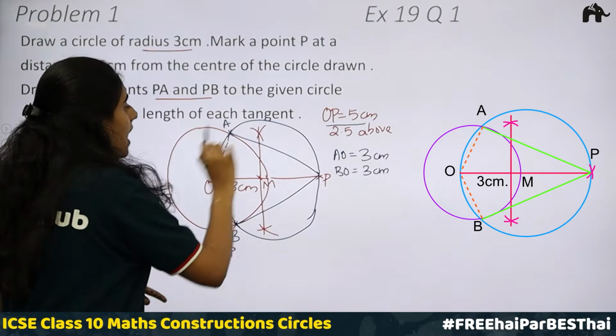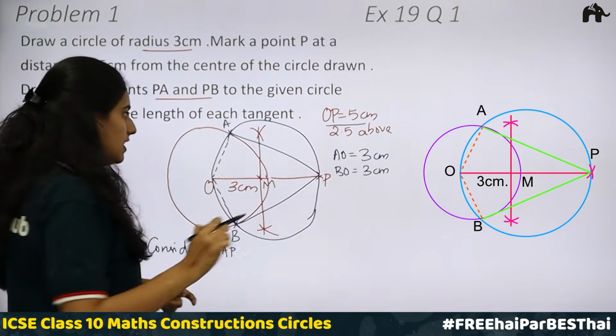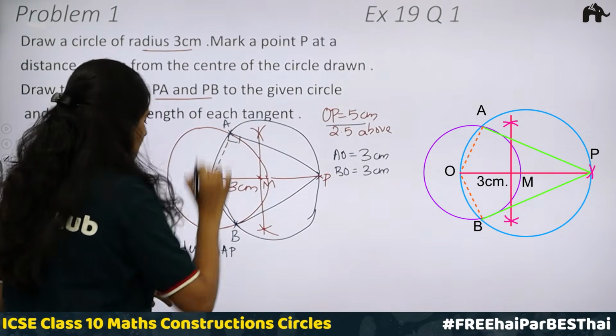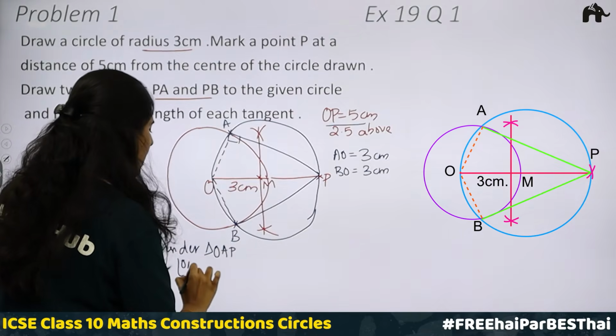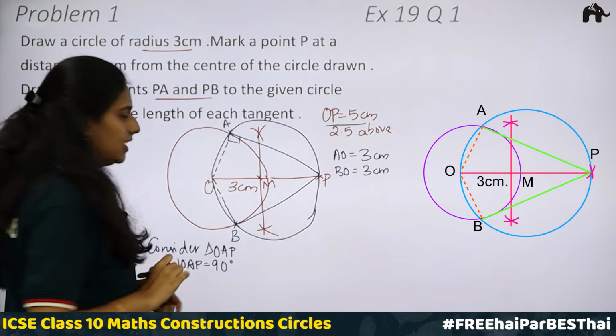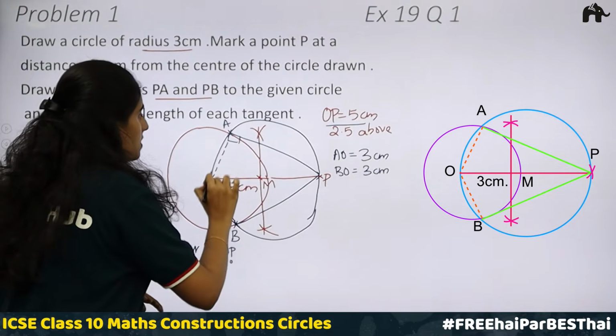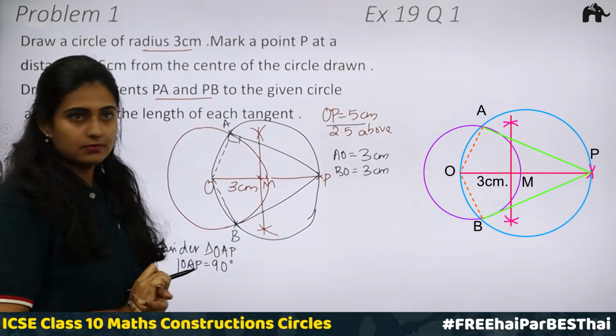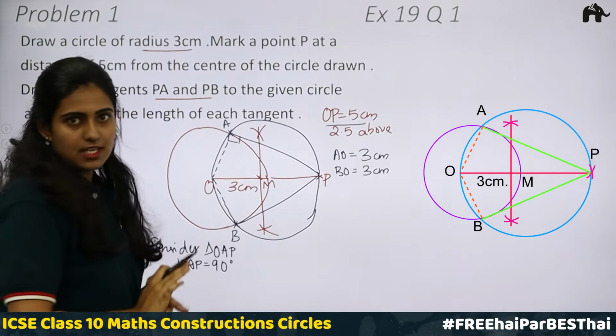Or we know that the angle in a semicircle is 90 degrees, which means this angle OAP will be equal to 90 degrees. Which means this OAP is a right triangle.